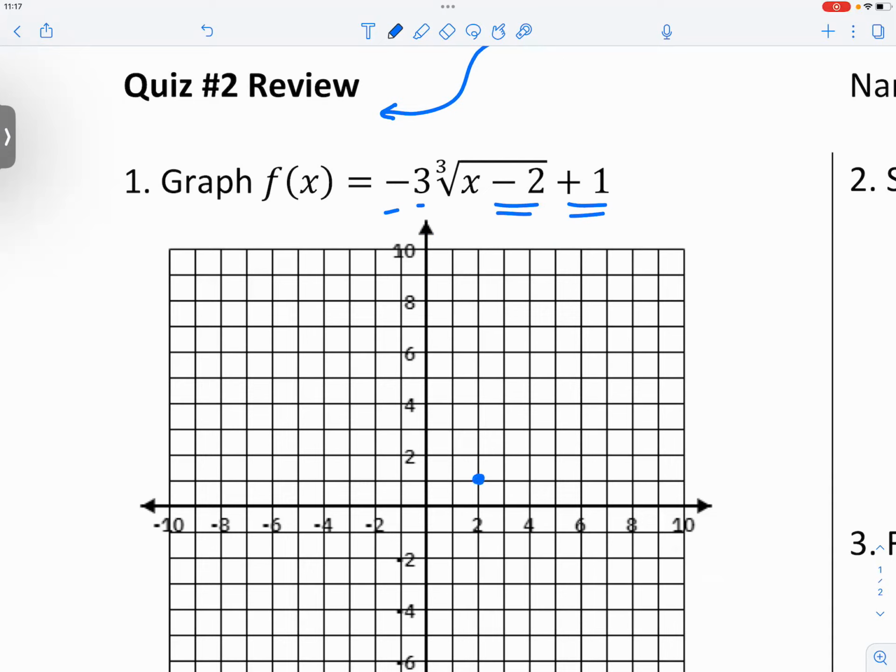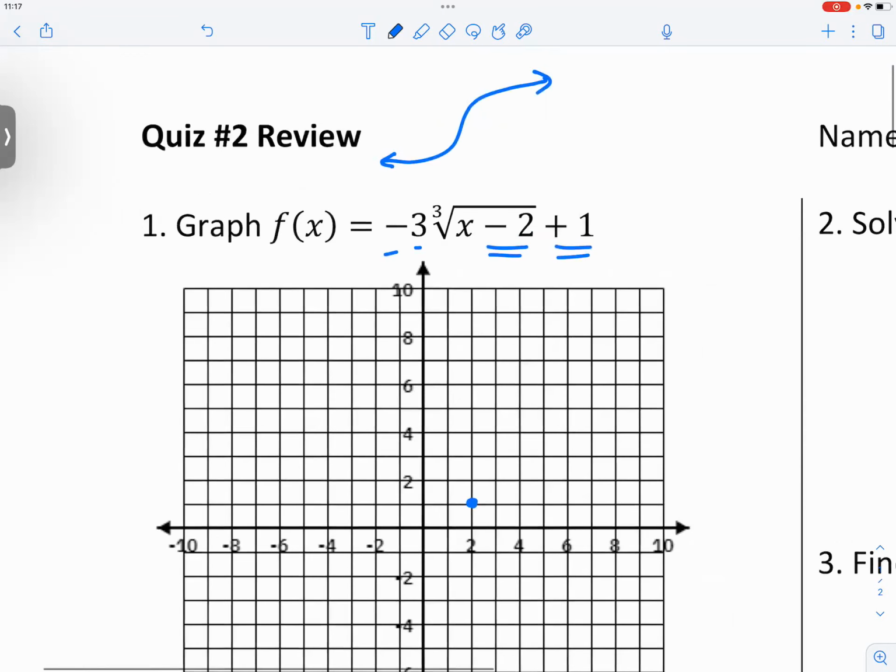Okay, so that's where we have the center of rotational symmetry. Now then we have the negative outside of the cube root function, and that is indicating we have a reflection over the x-axis, and that's how it will look after the reflection over the x-axis.